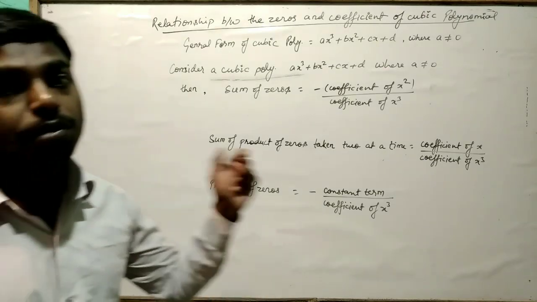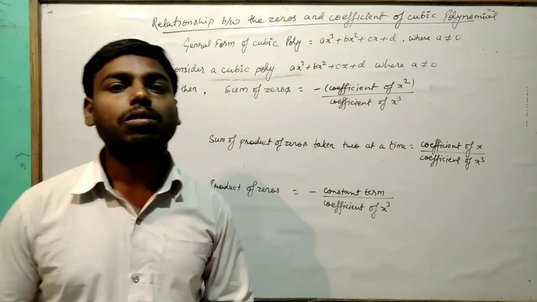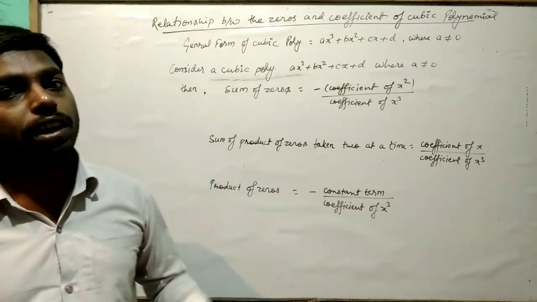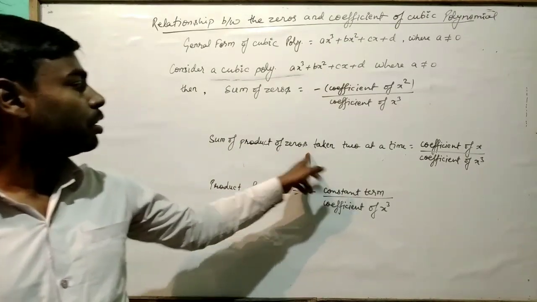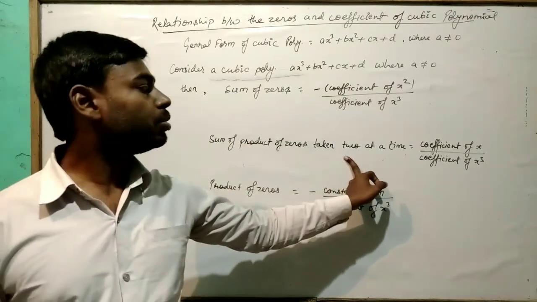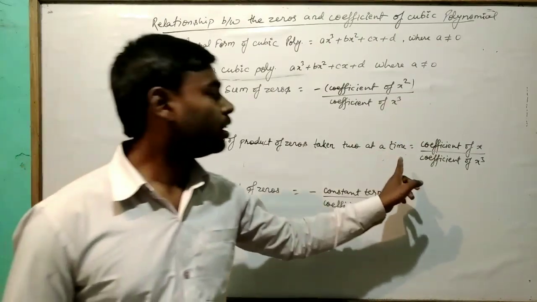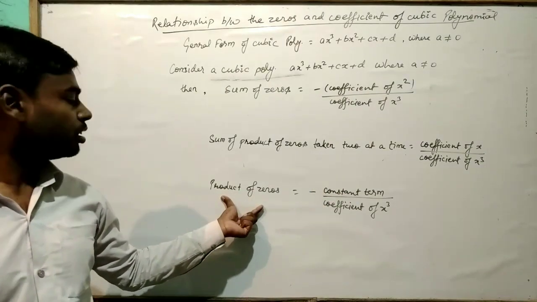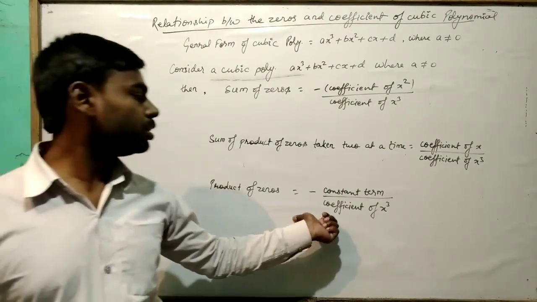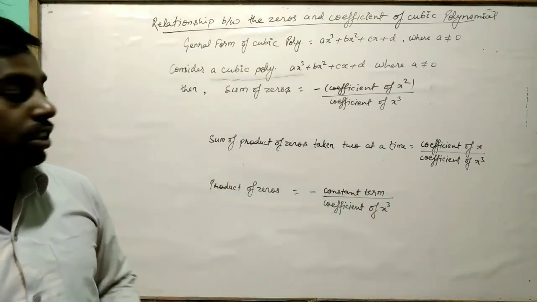Then the sum of zeros is equal to minus coefficient of x square by coefficient of x cube, and the sum of the product of zeros taken two at a time is equal to coefficient of x by coefficient of x cube. The last relation is the product of zeros is equal to minus constant term by coefficient of x cube.